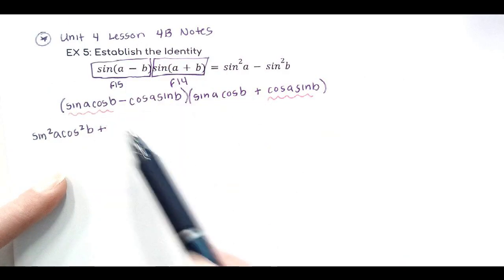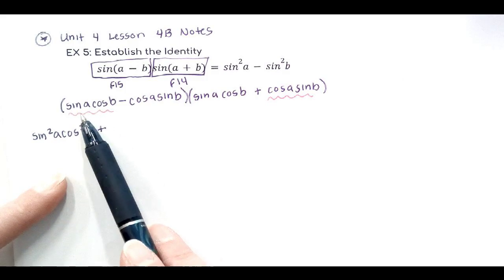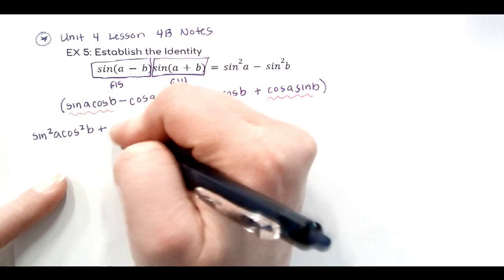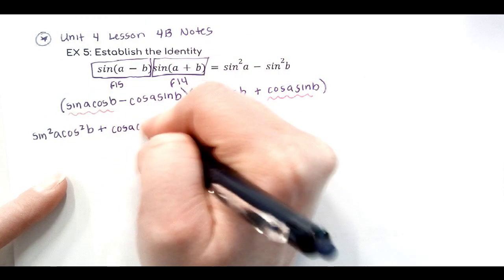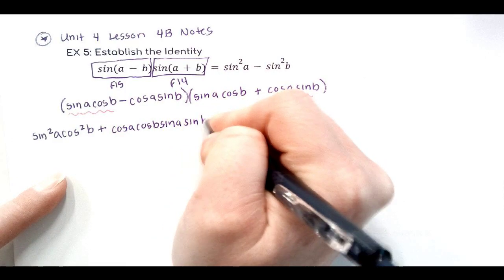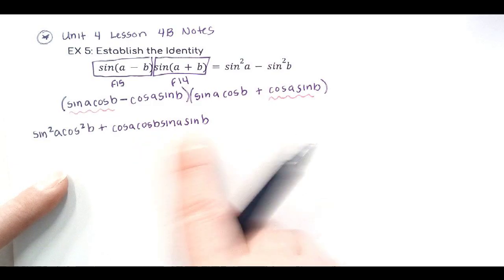If you want to go in alphabetical order, it might be easier, to be honest. So alphabetical order would be cosine A, cosine B, cosine A, cosine B, and then sine A, sine B. All of these are being multiplied together. I just don't put the little dots because it's already long enough. But there's nothing that's alike, so I can't combine anything.